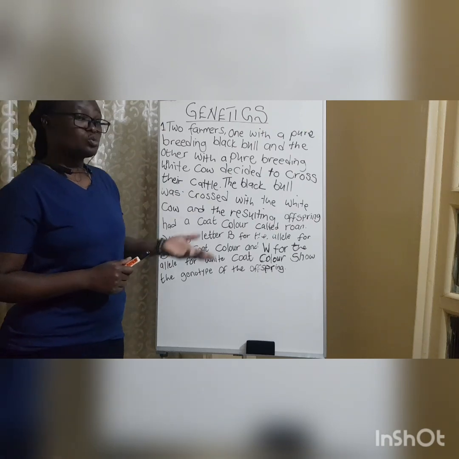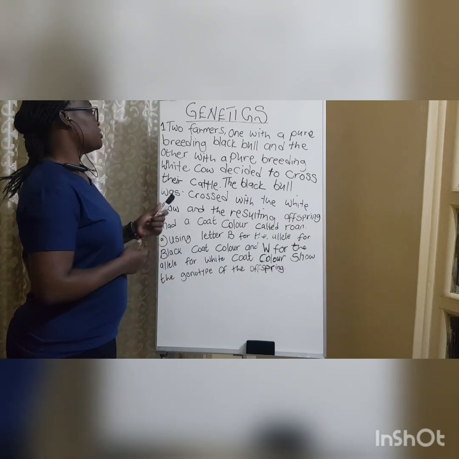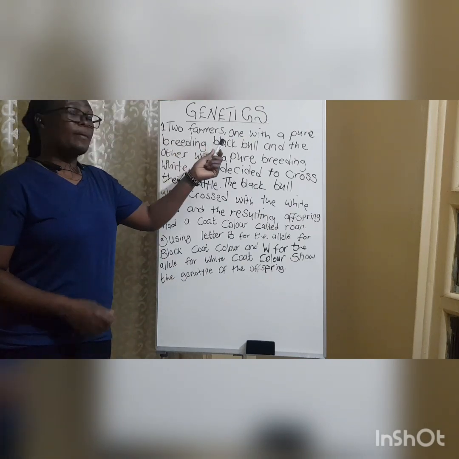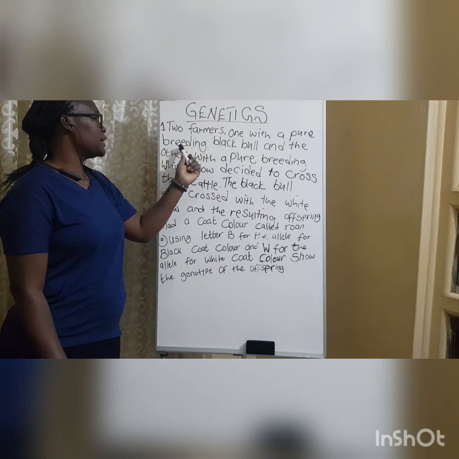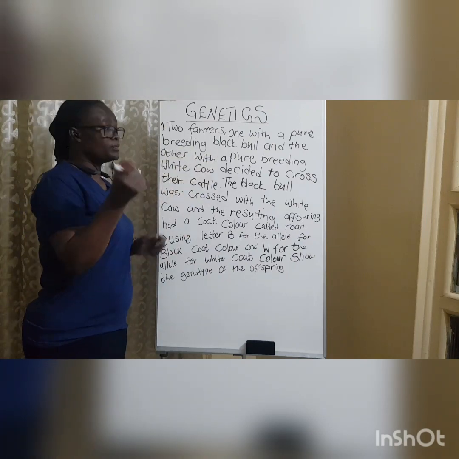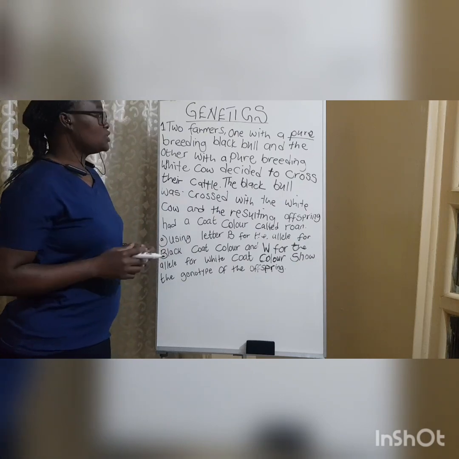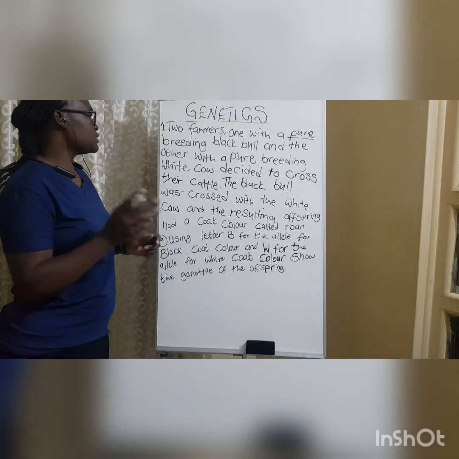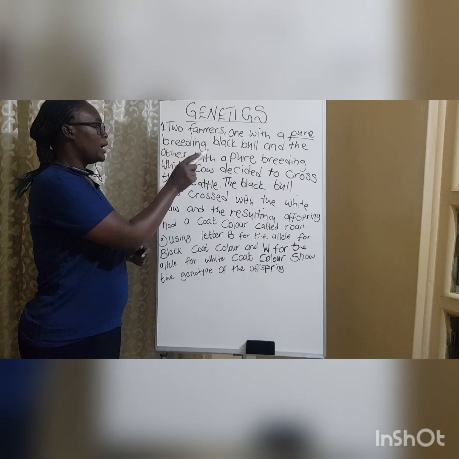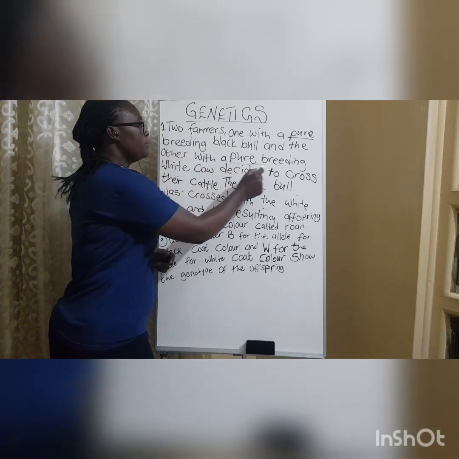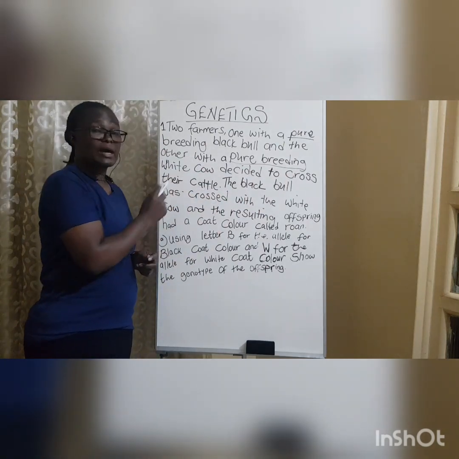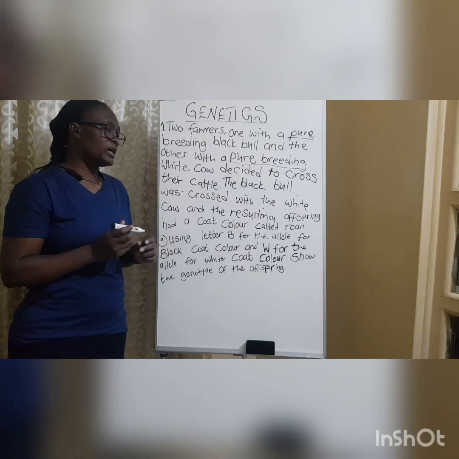So we have the first question. This question talks about two farmers, one with a pure breeding black bull, I'm going to highlight it so that we are assisted, pure black bull, and the other with a pure breeding white cow, decided to cross their cattle.